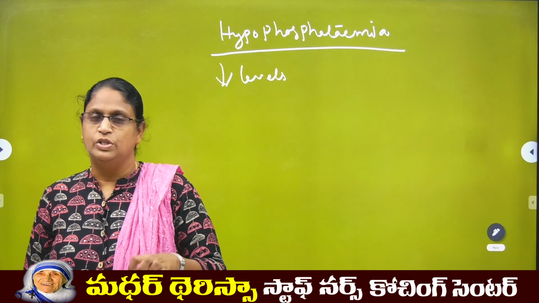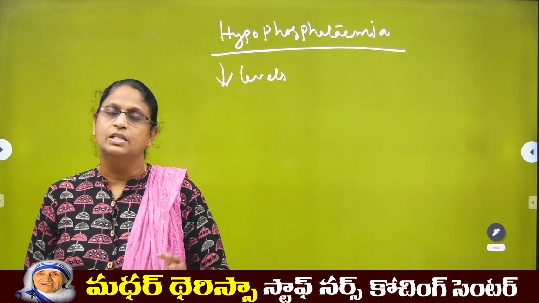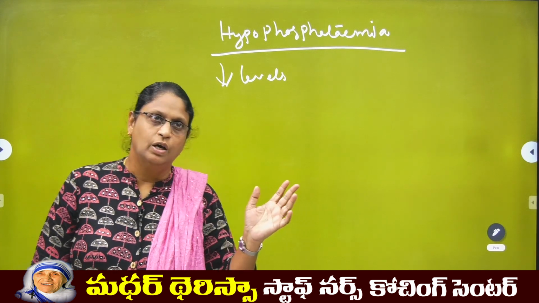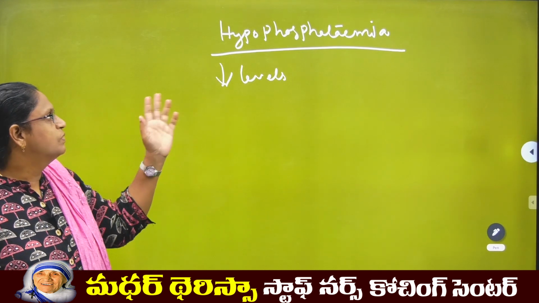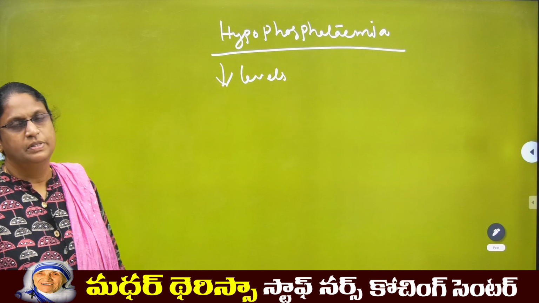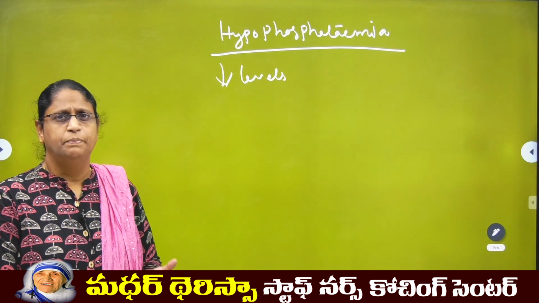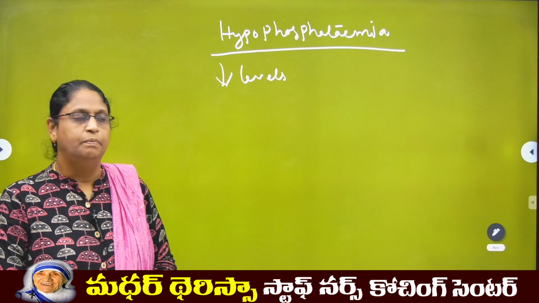In cell physiology, cellular signaling is done with the help of phosphorus levels. These are the common functions of phosphorus when it is present in the circulating blood.